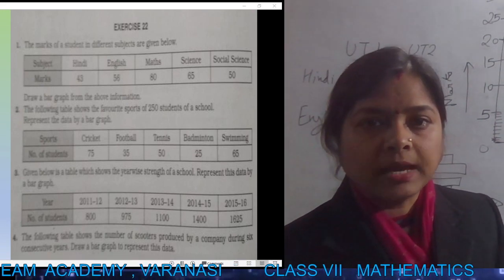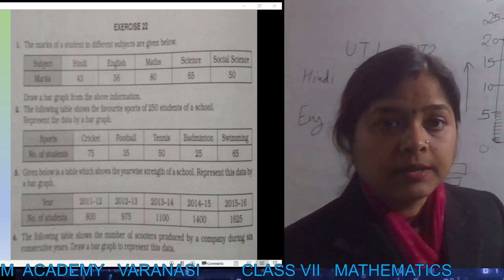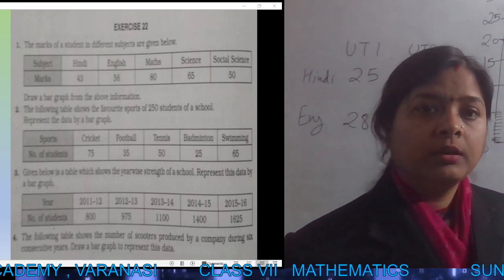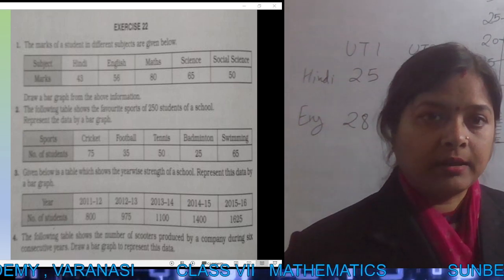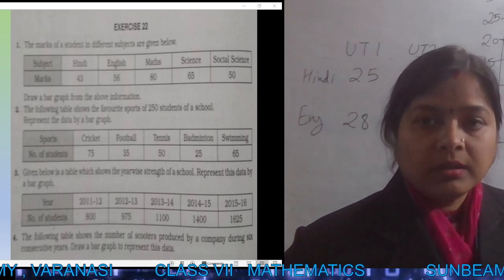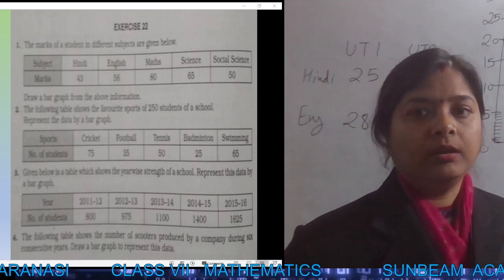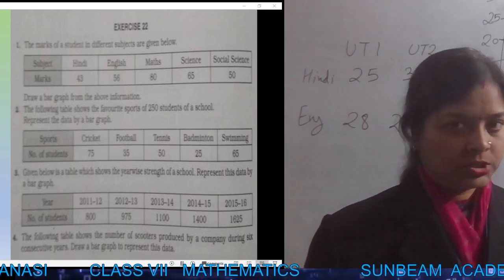Hindi, English, Math, Science and Social Science. The marks of students of different subjects are given here. One student marks is there. How much is scored in Hindi, how much is scored in English and all. So we will do the question in this way.